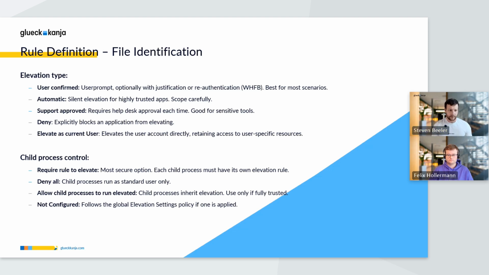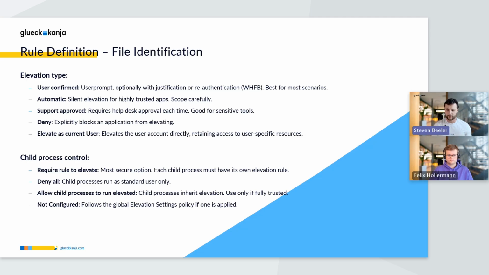Then the next elevation type would be support approved. How this works is the user creates a request. By clicking on elevate in the context menu, they have to type in a business justification, and this justification and request is then sent to the Intune portal, and an administrator has to go and look into the Intune portal.